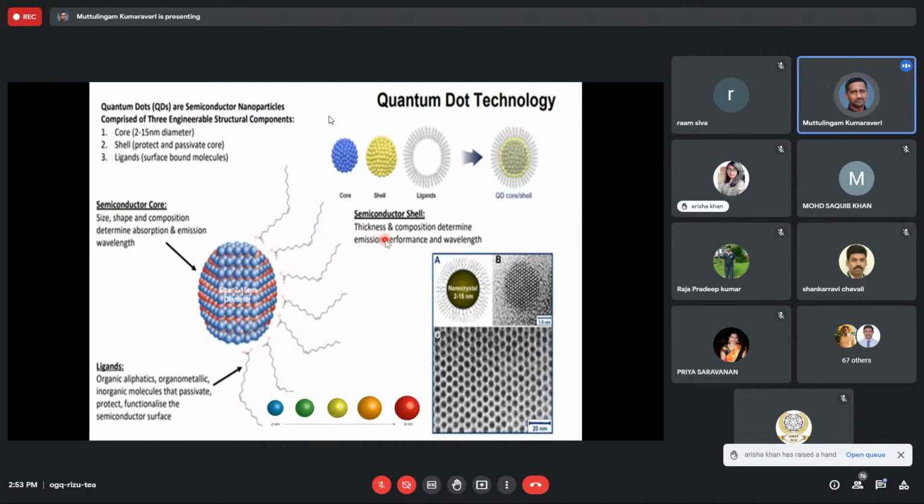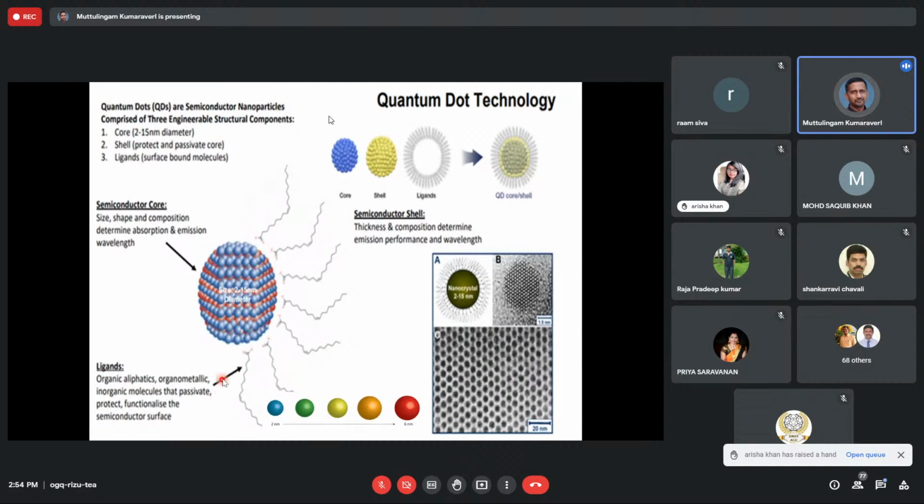That is the quantum dot shell. Then the ligand: when we disperse in the solvent, the ligand helps us to make a good film. It uses different aliphatic, organometallic, and inorganic molecules, and it functionalizes the semiconductor surface.